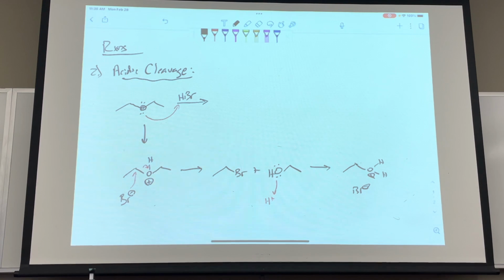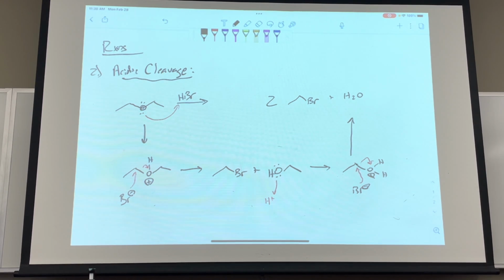And then the halide just comes in and kicks that out through SN2 chemistry. And so in the end, what you make is just two equivalents of the alkyl halide along with the loss of water. So not exactly something that is all that useful.